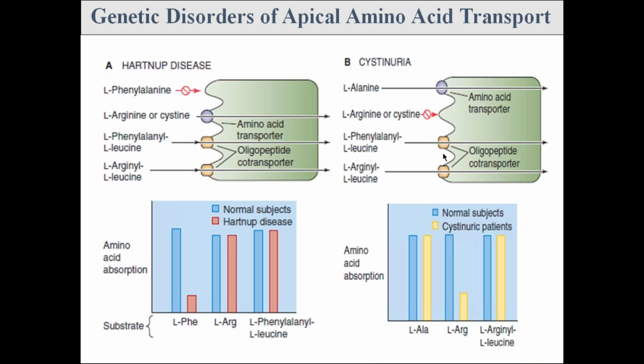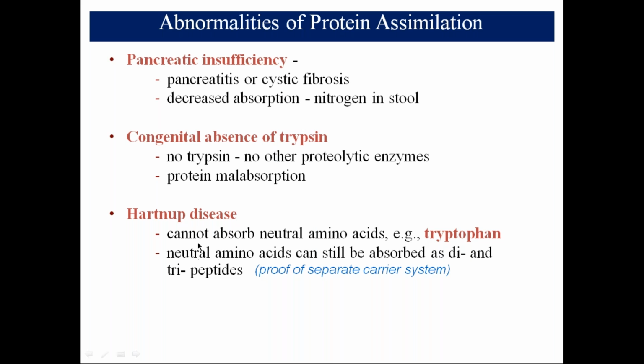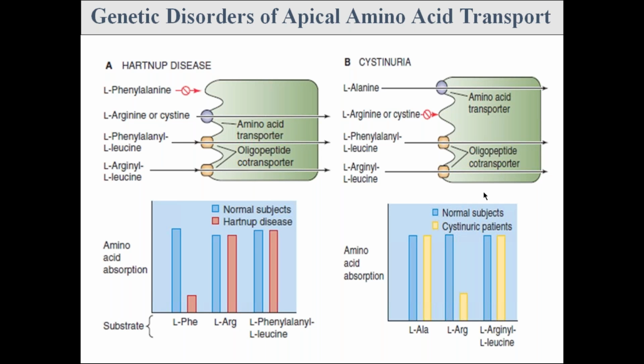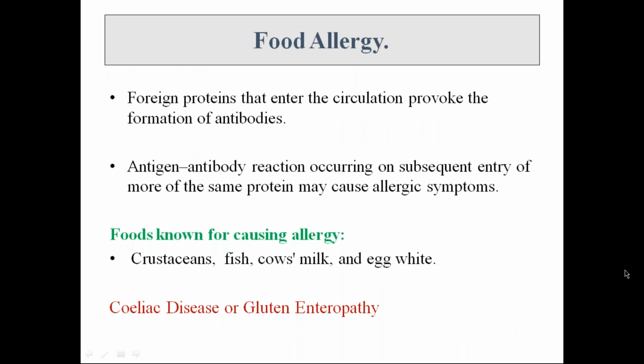In Hartnup disease, it cannot absorb neutral amino acids like tryptophan and phenylalanine, whereas in cystinuria, it is basically the basic amino acids which are not absorbed, and this can precipitate kidney stones, or calculus formation within the renal system. Okay.